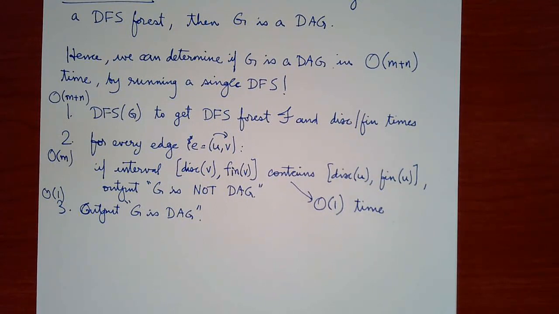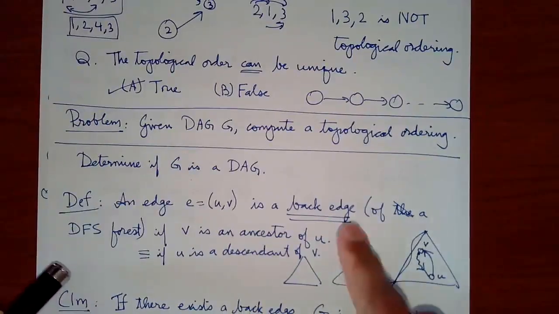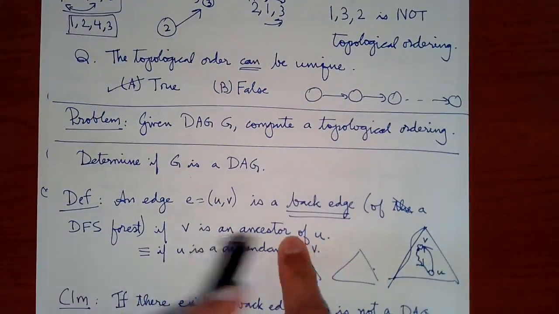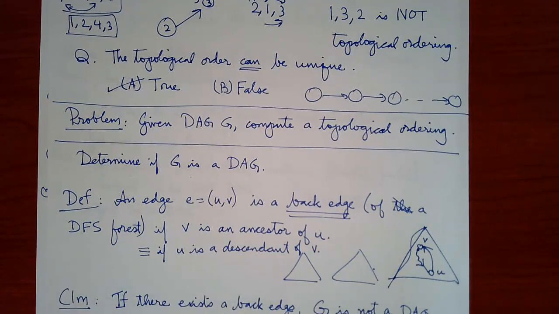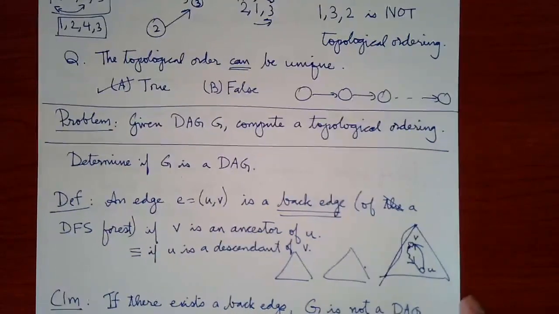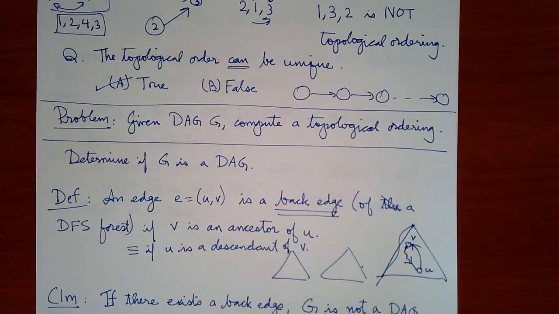I have a question. You said the back edge doesn't make sense without the DFS tree? It's because the definition is with respect to a DFS forest. Ancestor and descendant only make sense if you have a specific tree that you're looking at. Sure, but if you have an ordering, you can still define back edges with that too. With respect to any ordering, you said.